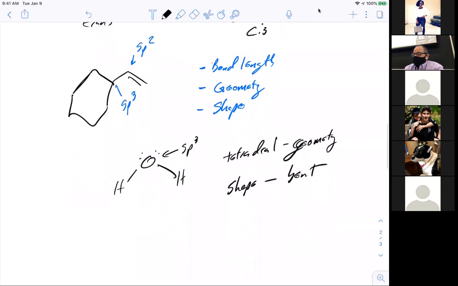You should be able to identify sigma and pi bonds.